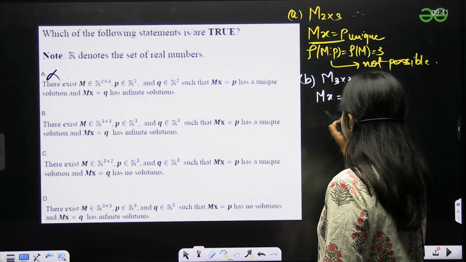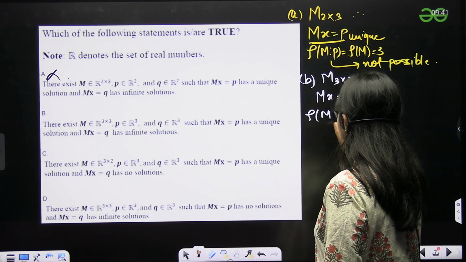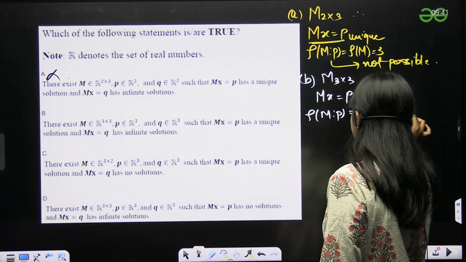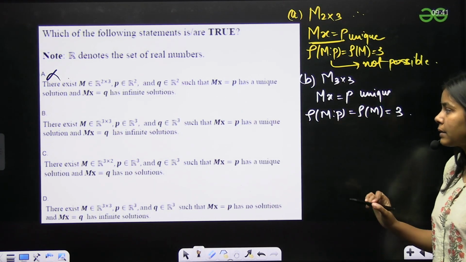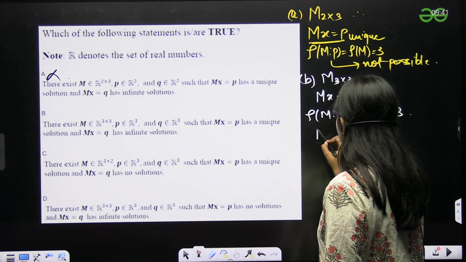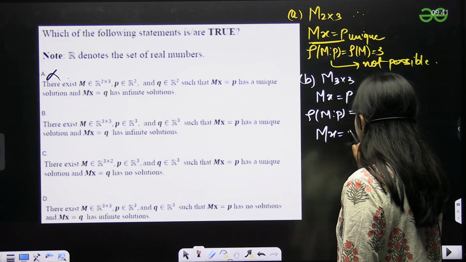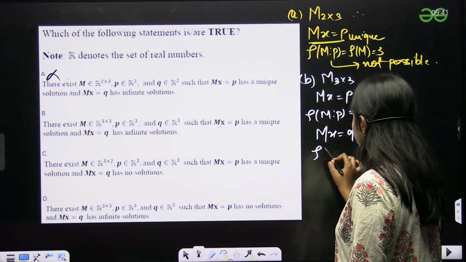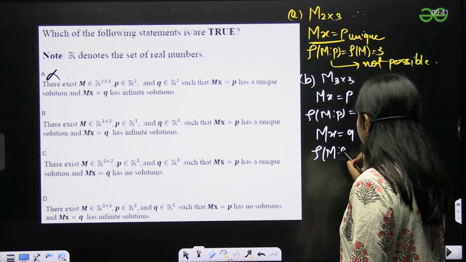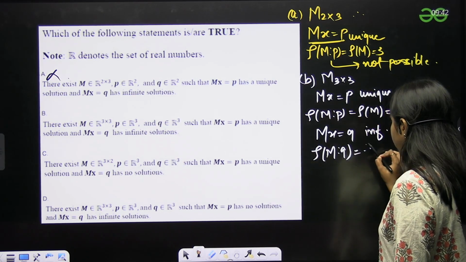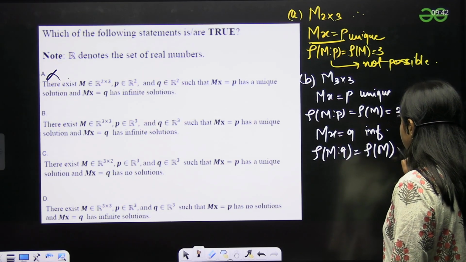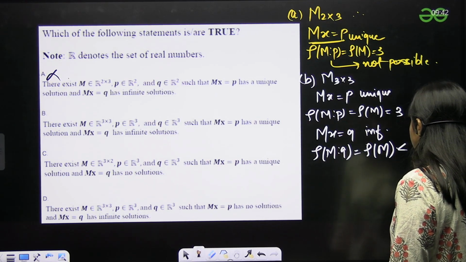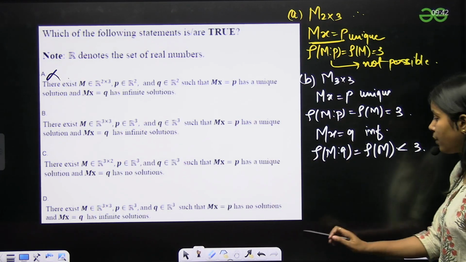Now it would have a unique solution when rank of M augmented P is equal to rank of M, which is equal to 3. And they are saying that Mx equals Q has infinitely many solutions. For Mx equals Q, rank of M augmented Q equals rank of M, and rank of M should be less than 3, because infinitely many solutions occur when the rank is less than the number of variables.